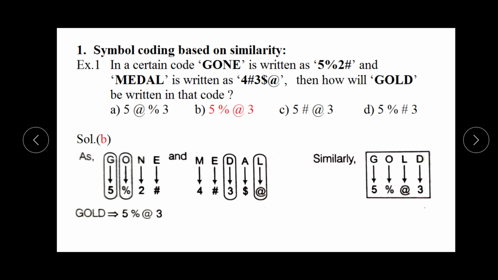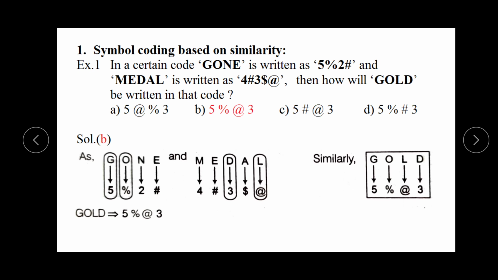It means they are in series. E is at the fourth place in gone, and for E the code is hash. In medal also E is at the second place, and the code for E is hash. It means the code for the first alphabet is at the first position, and for the second alphabet the code is at the second position.